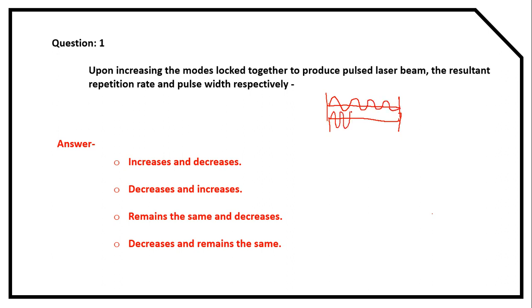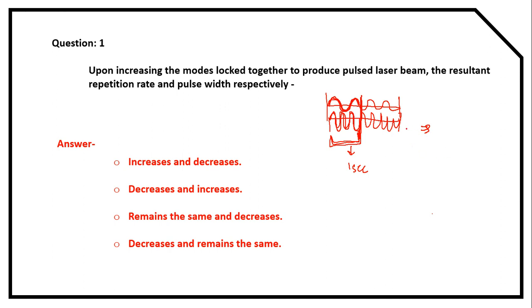Suppose this is a time period of 1 second, and this is also a time period of 1 second. In 1 second you will see that only one and a half waves get completed here, while in this case there are three complete waves, so the frequency of the second is greater than the first.